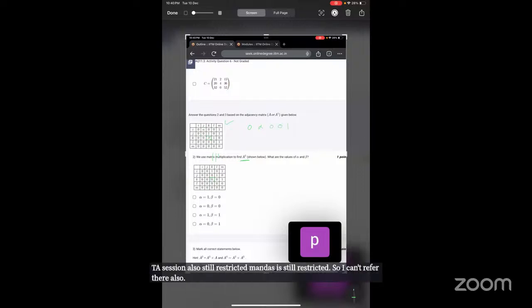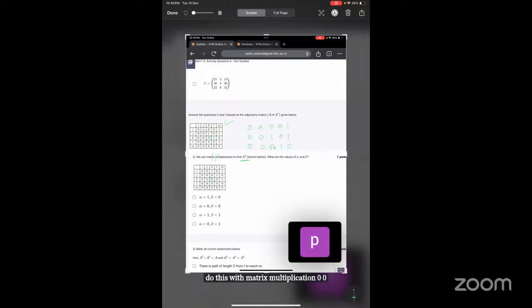Okay, let us do that. So we can do this with matrix multiplication: 0, 0, beta, 1, 0, 0, 0, 0, 0, 1, and 0, 0, 0, 0. Again, we write the same thing: 0, alpha, 0, 0, 1, 0, 0, 1, 0, 1.